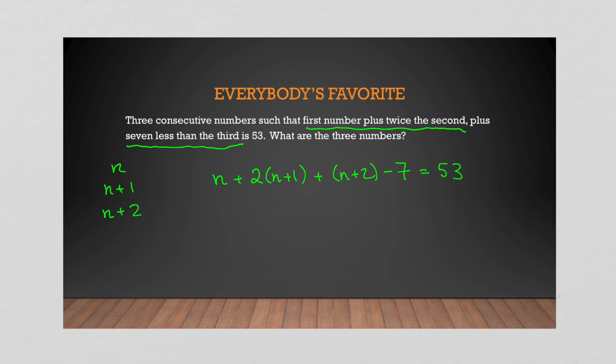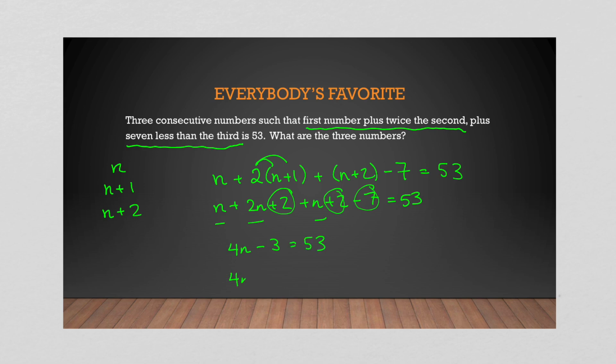Okay, so let's see what happens. Multiply that in. There's nothing multiplying on the n plus 2, so we can drop those brackets. n plus 2n plus 2 plus n plus 2 minus 7 equals 53. And now I'm going to group my like terms. So now I get 4n minus 3, because plus 2 minus 7, equals 53.